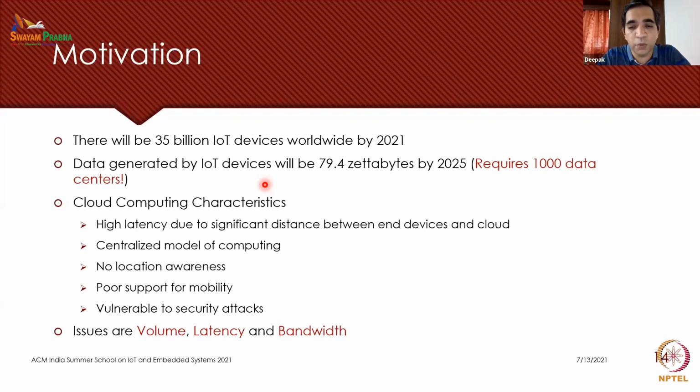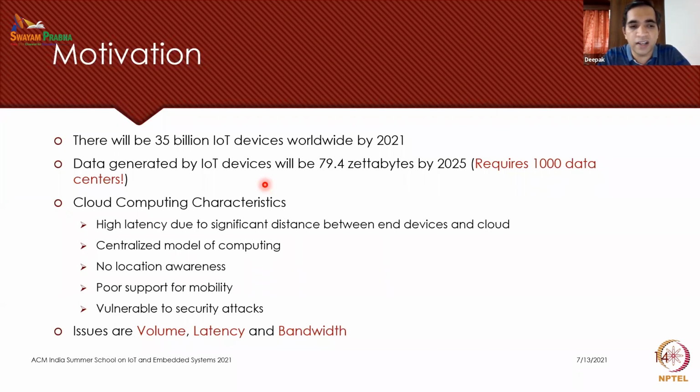There is a centralized model of computing in the cloud scenario. Because of the centralized model, there are scenarios where the cloud node could just be non-functional, and then you don't have any other way of executing your required services.